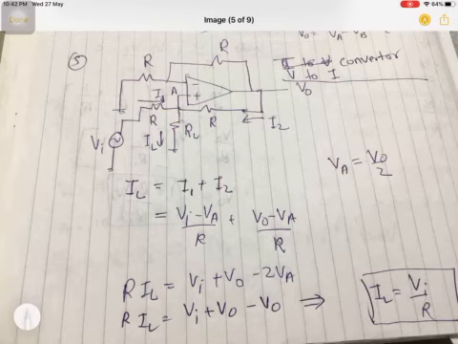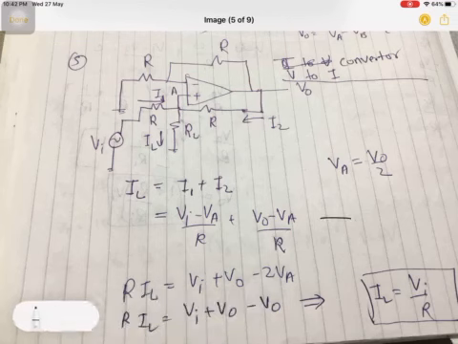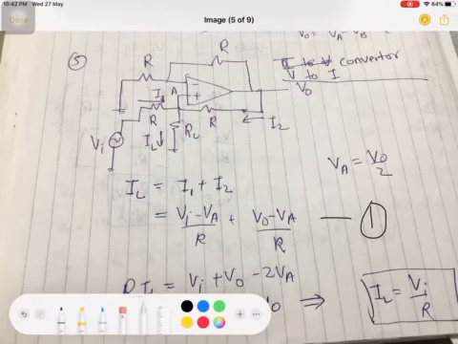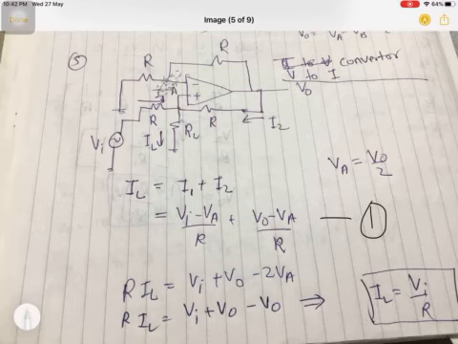What is I1? If I consider this point as A, and the potential here is Va, then IL equals (Vi minus Va) by R plus (Vo minus Va) by R. Just cross multiply and it comes out; pause here and give it equation number 1. Now apply KCL at this point also.